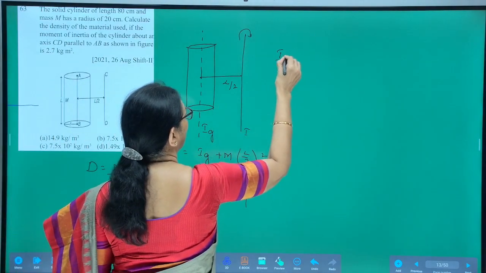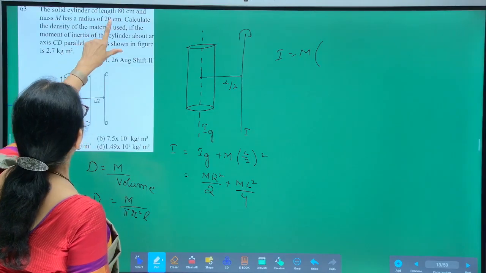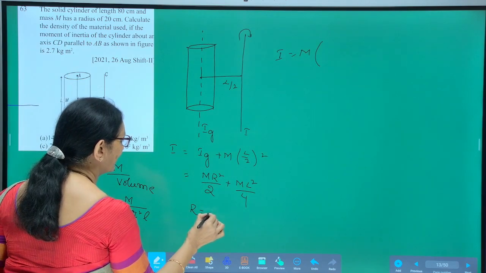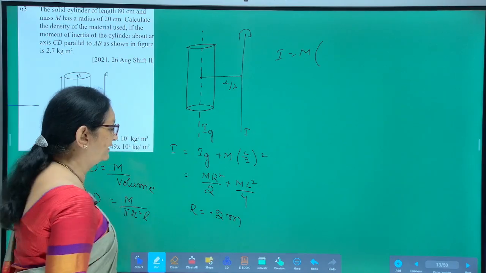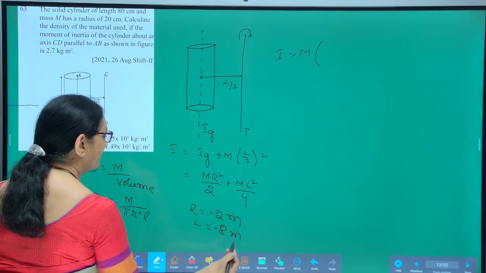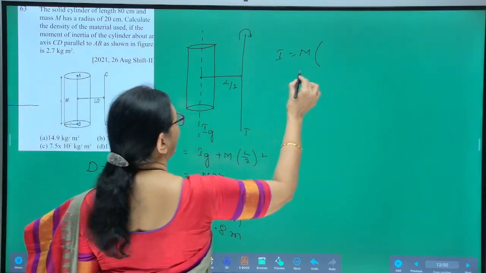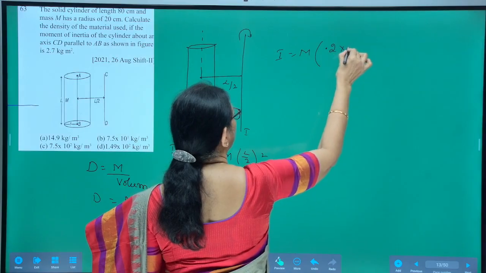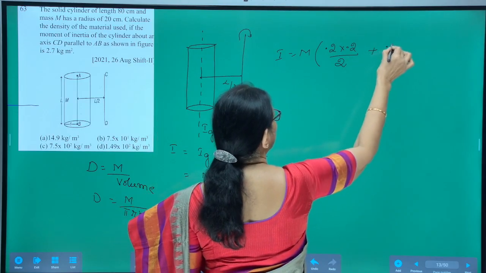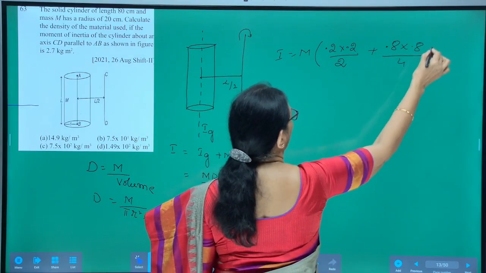Now let us find out its moment of inertia substituting the values given. So I is equal to mass, I am taking it as a common factor outside. Radius is given as 20 centimeters. If you convert that into meters, 0.2 meters. Length is given as 80 centimeters. If you convert that into meters, 0.8 meters. So here r square is 0.2 into 0.2, r square by 2 plus L square is 0.8 into 0.8 divided by 4.